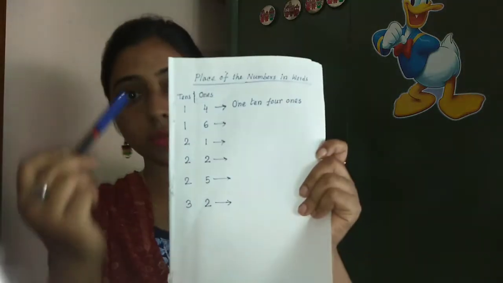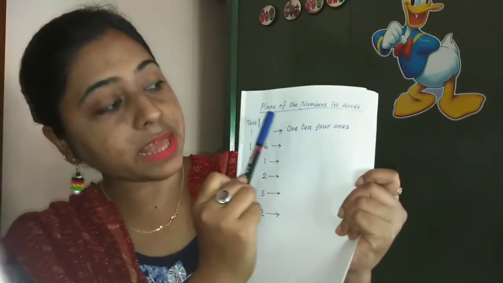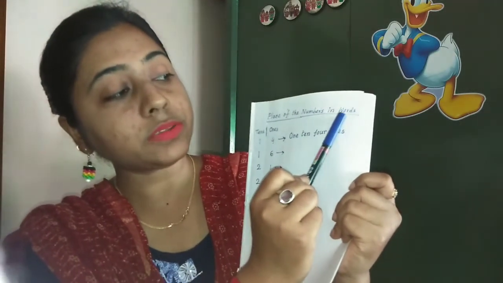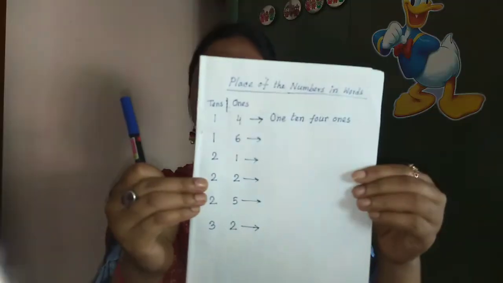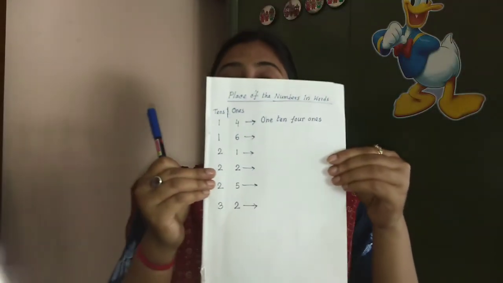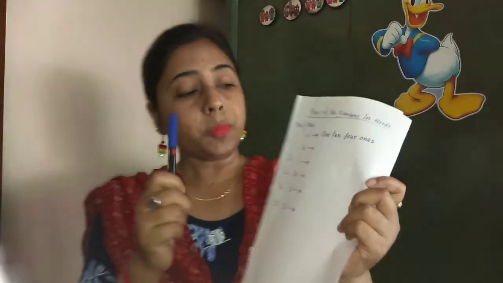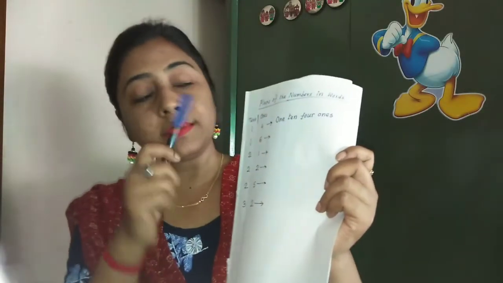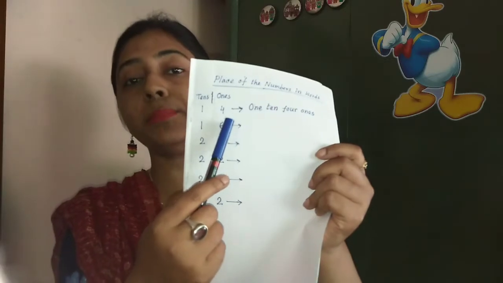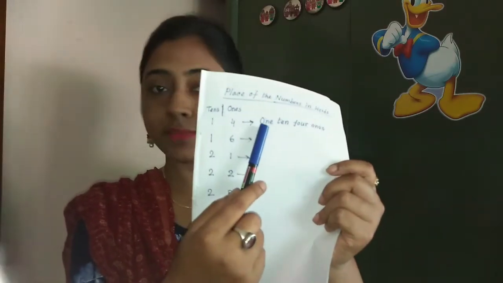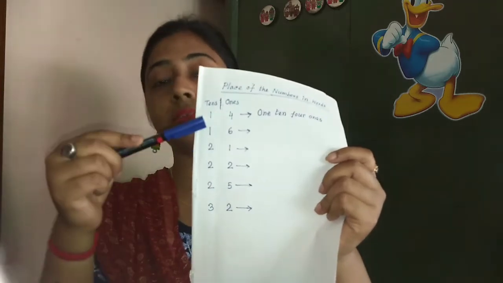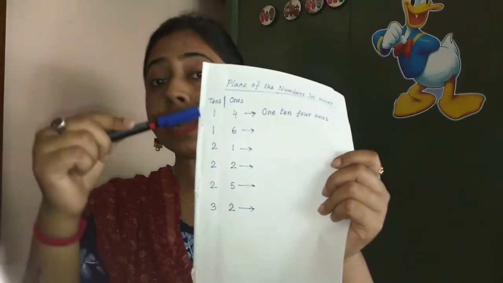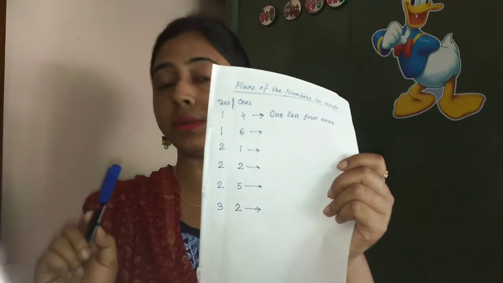You can see the place value of the numbers in words. Can you see this? Here I have already made two columns as usual, tens and ones, and I have randomly written some numbers.